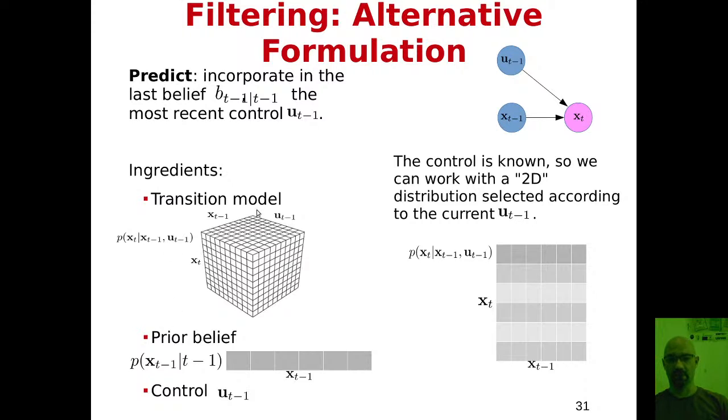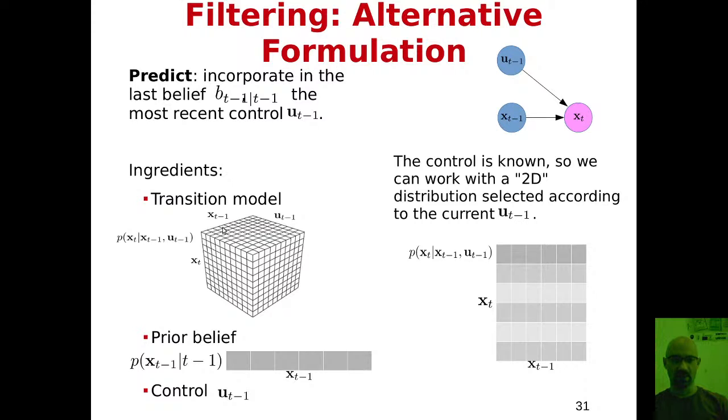Each variable takes one dimension, and the distribution is on x t, which means that along this axis, each column of the cube sums up to 1. And then we have x t minus 1 and u t minus 1 that act as indices that help us select the distribution of next possible states.